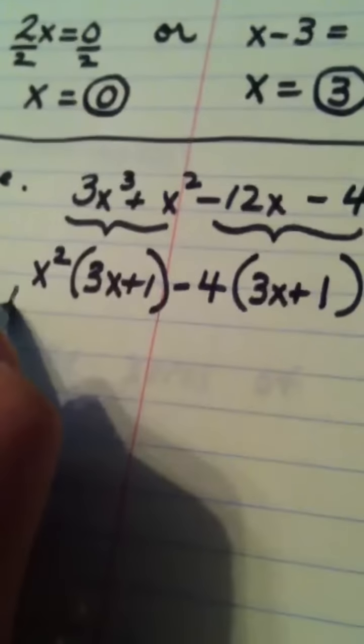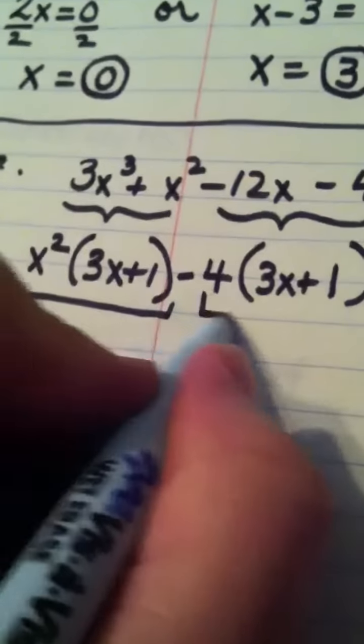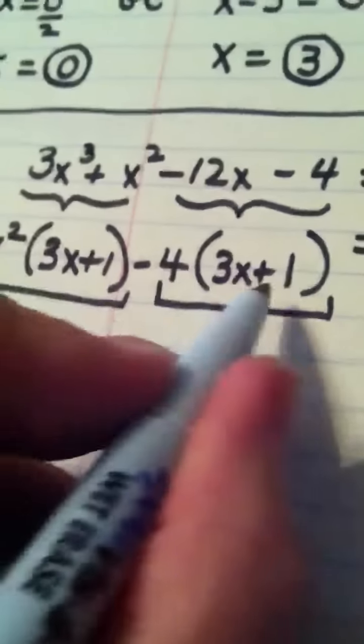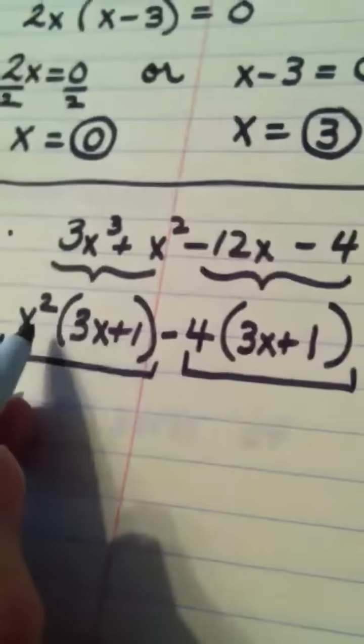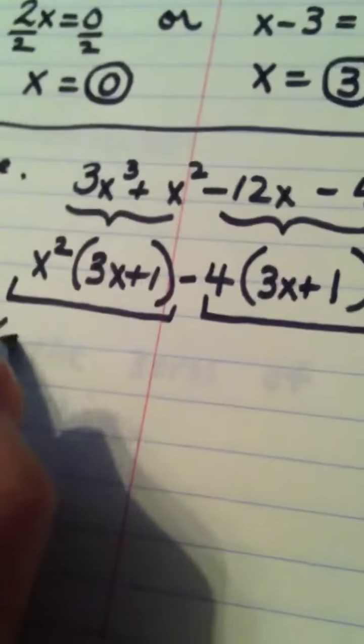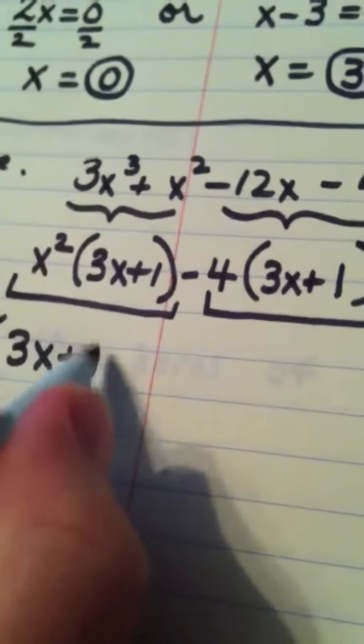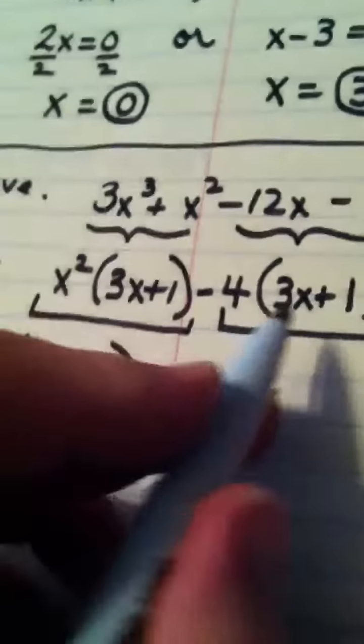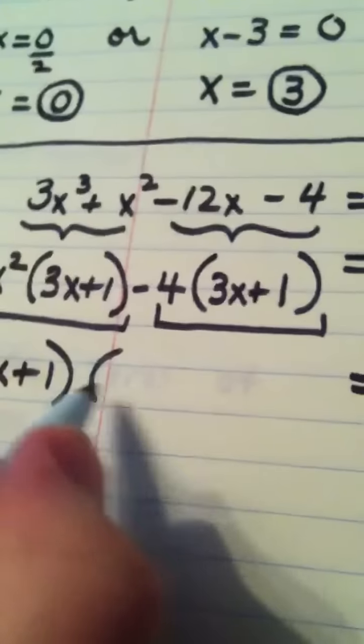Now, notice, people, here's one term, here's a second term. I still, of course, have my equals 0. That's important to write, equals 0. But these two terms share a common factor of 3x plus 1. 3x plus 1 factors out as my greatest common factor.